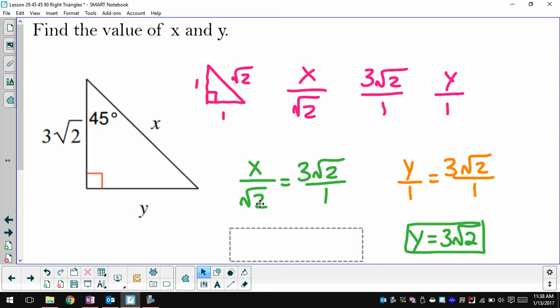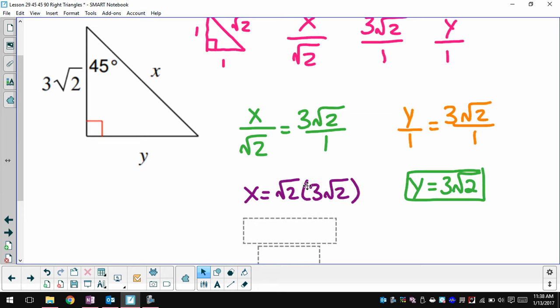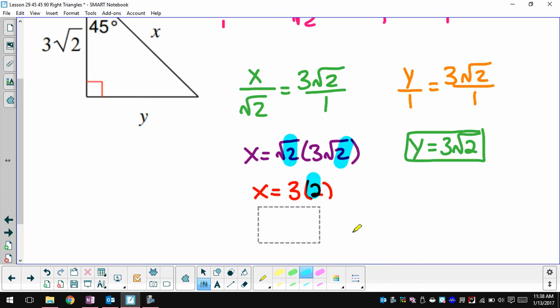We'll find x using this proportion. Cross multiply: 1 times x is x. We're multiplying root 2 times 3 root 2. I can multiply those two together to get root 4. And root 4 is 2. And then we just do 3 times 2 to get the hypotenuse to be 6.